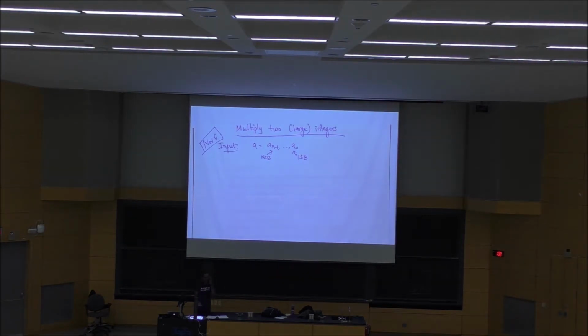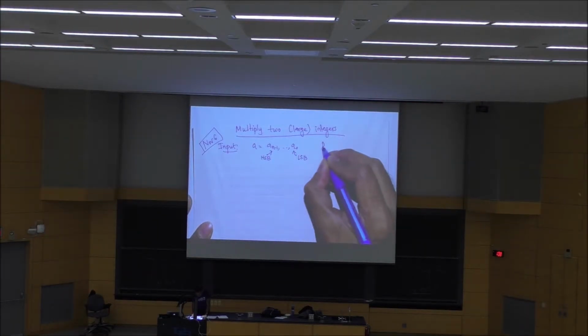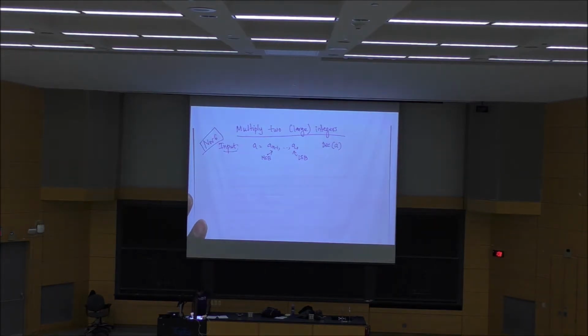As you probably have seen many times in starting courses, the decimal equivalent of this number, which I'll call dec of A, is just the summation of i from 0 to n minus 1 of A_i times 2 to the i. And so this is essentially the algorithm to convert your binary into decimal.